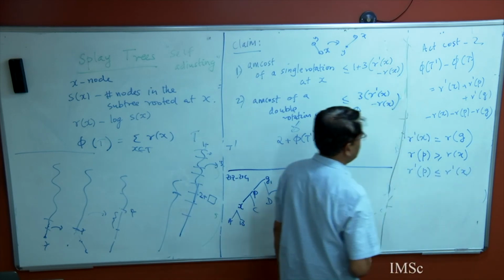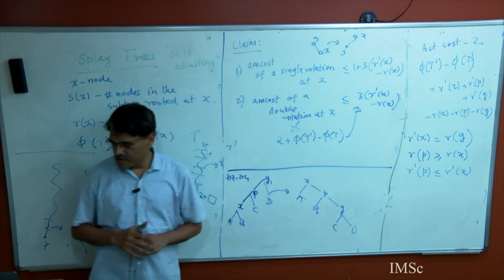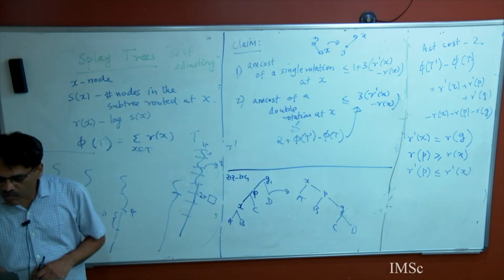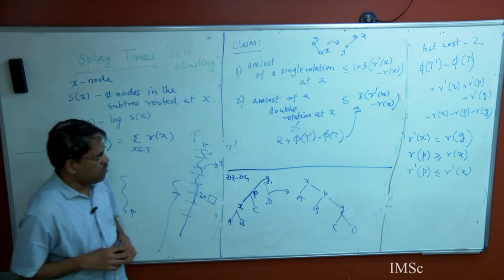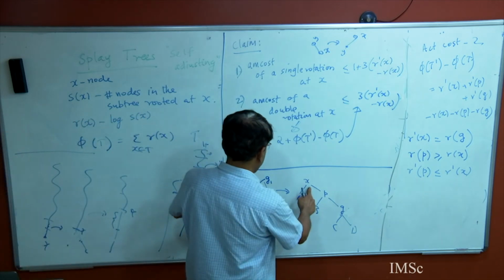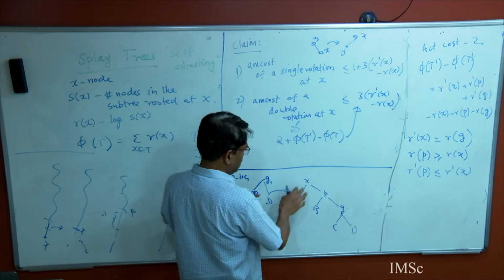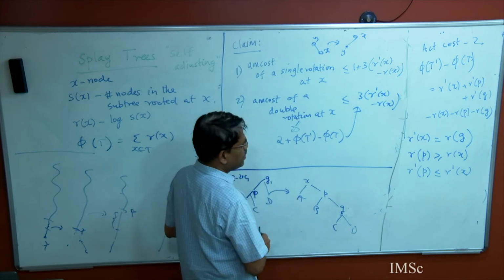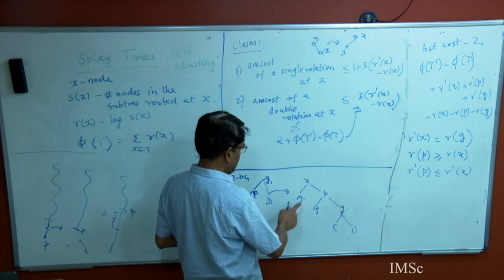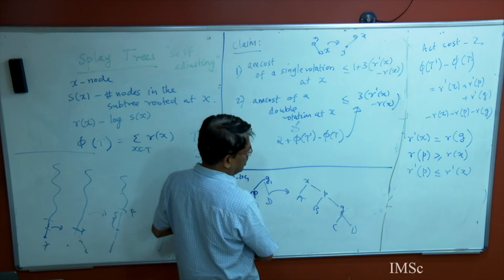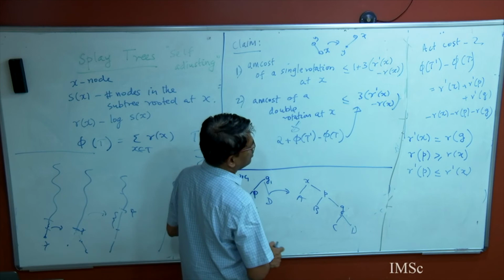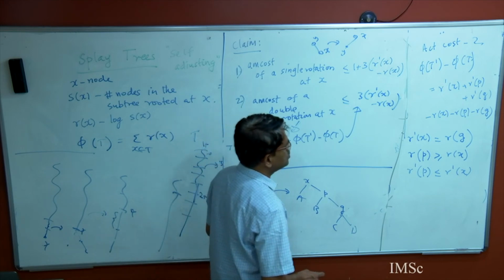Okay, do you agree with all of this? R prime x and r of g are the same because everybody below a, b, c, d, x, p is below them. R of p is greater than or equal to r of x, and r prime p is less than or equal to r prime x.